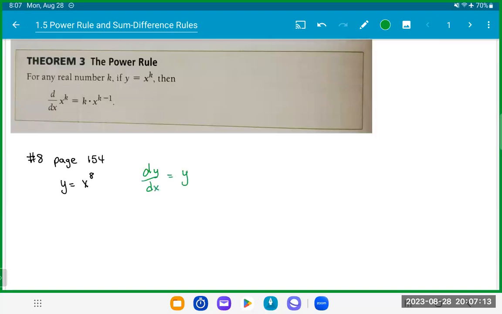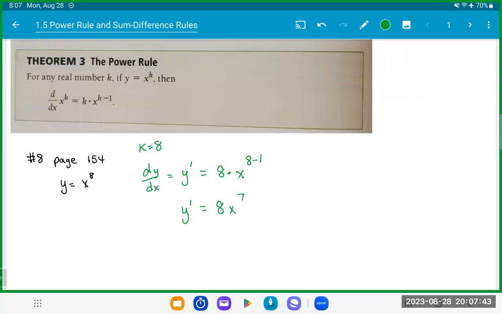It's the same as saying y prime, okay, is equal to, well, in this case, my k is equal to 8. So this is going to be equal to k, which is 8, times x to the k minus 1. So my derivative is equal to 8x to the 7.